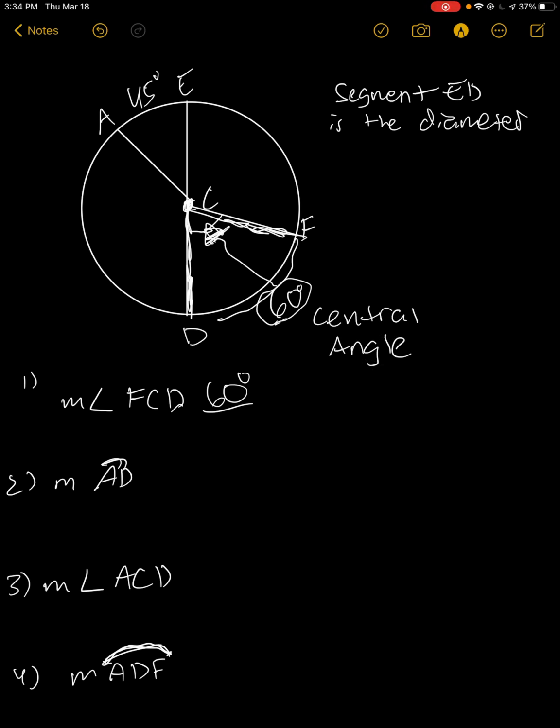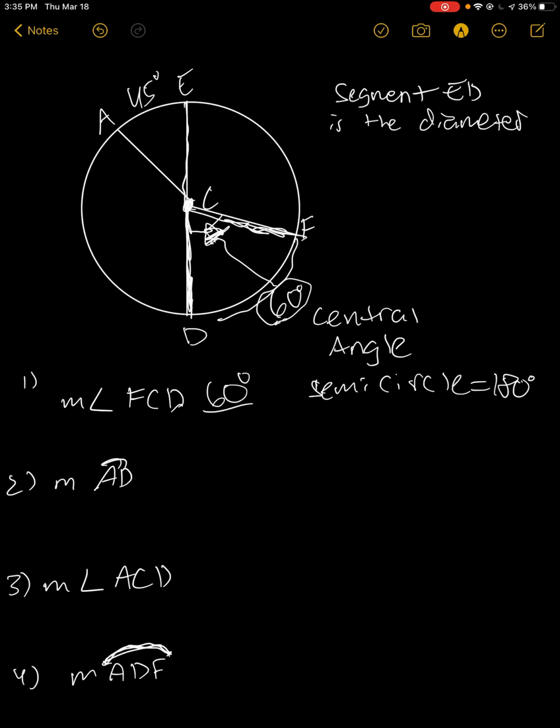Now we need to find the measure of arc AD. The way that we can do that is we're given that segment ED is the diameter. A diameter splits the circle in 2. If a circle itself measures 360 degrees, a semicircle, or a half, is equal to 180 degrees.